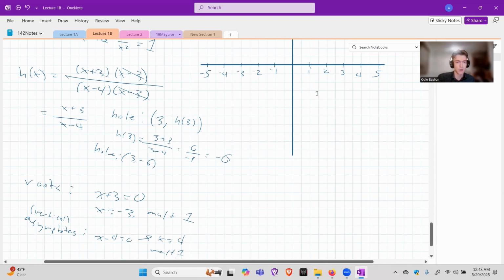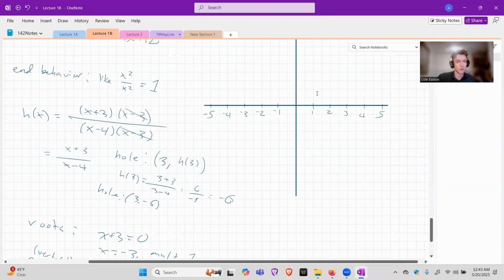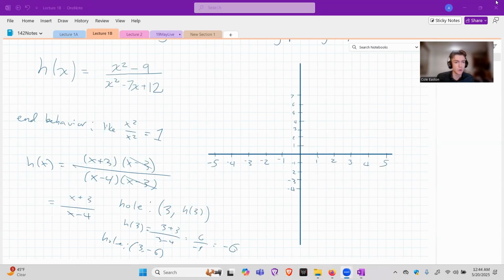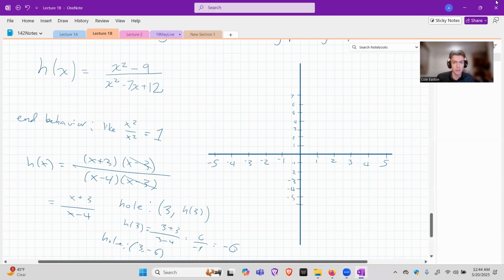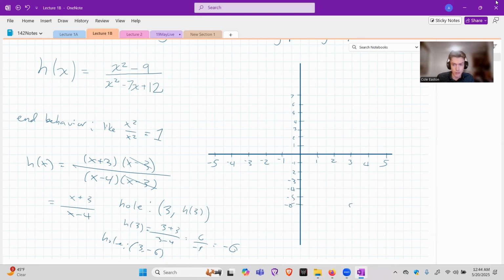So let's go up here and graph this using all the information that I know. So let's first put the hole on here. So that is going to be (3, negative 6), and I'm going to do that as an open circle. Then our end behavior is the line y equals 1.